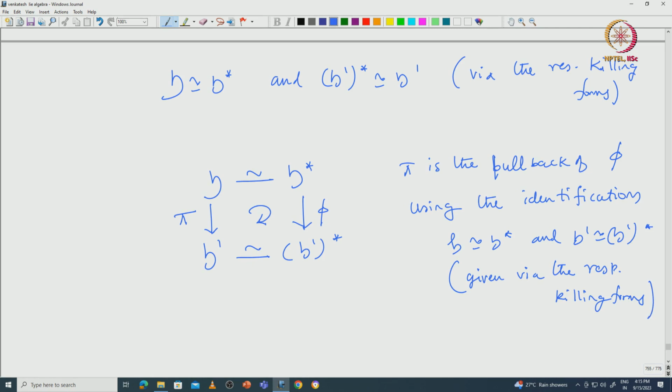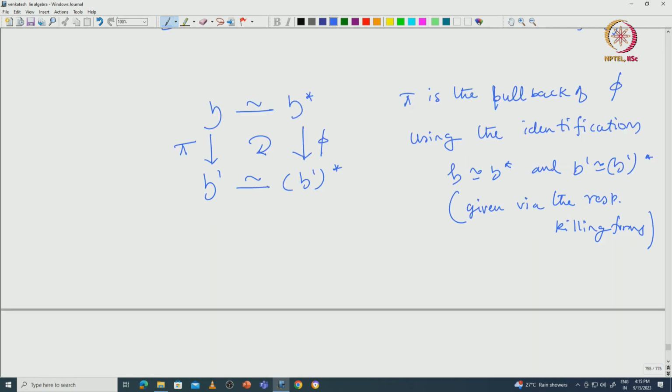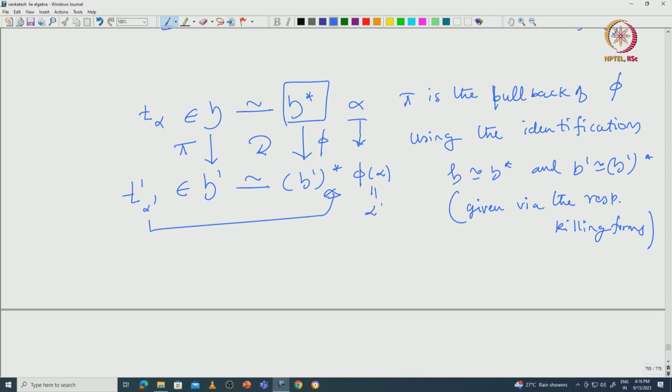Okay. So, in particular if you take this element alpha here, then that alpha is mapped to, let us say, pi of alpha here. This alpha naturally corresponds to T alpha inside H. Then this T alpha will be mapped to some T dash alpha dash, and that T dash alpha dash should correspond to this pi of alpha, which we can call alpha dash.